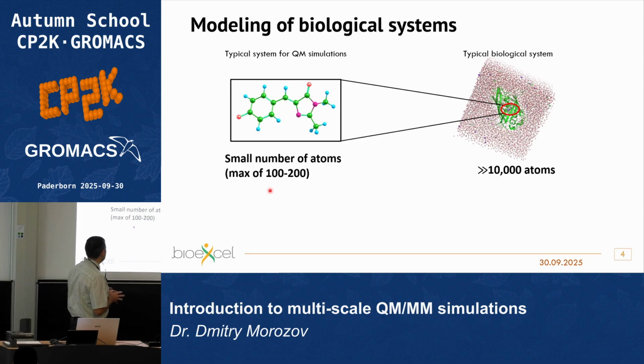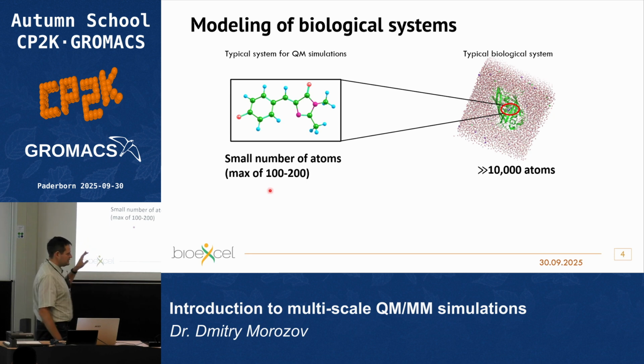Typically, this is a very small part of your system, consisting of up to several hundreds of atoms. But the problem with that small part is that it cannot be modeled classically. Why? Because, for example, to model the absorption spectra of this protein, you need to consider electrons as quantum particles.